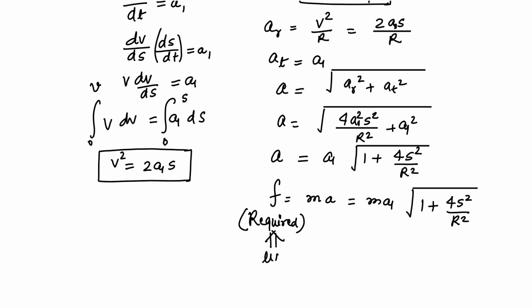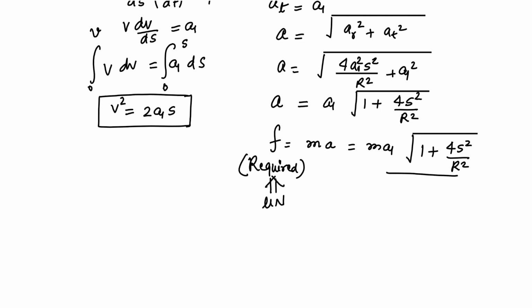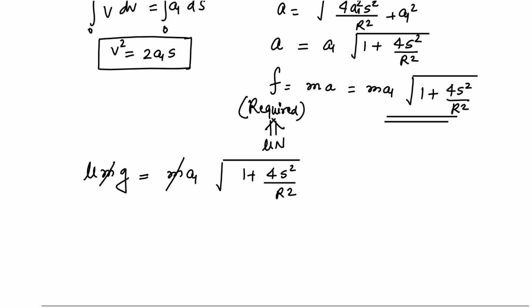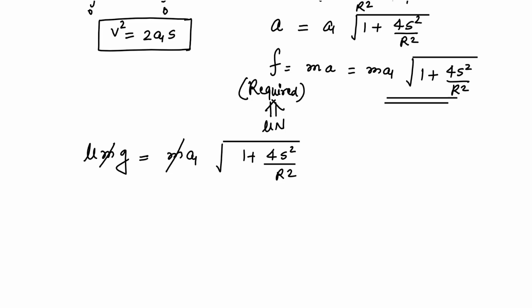This force will come from mu times N. In the limiting situation, mu N is equal to this value, and N is nothing but mg. So mu mg = m a1 times the square root of 1 plus 4s square divided by r square. m cancels out. So from here you can calculate s.